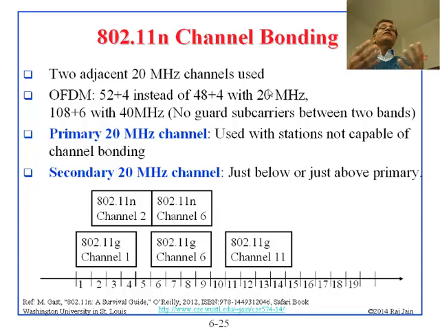That means every frame has to decide whether it goes on 40 or goes on 20. Every frame. It's not that the whole network uses 40. The whole network cannot use 40 because the whole network is not one thing, right? Every station buyer decides what they want to pay for. And therefore, there is one channel which is common, 20 megahertz, which everybody listens on.